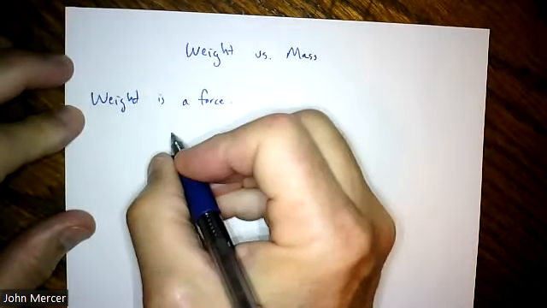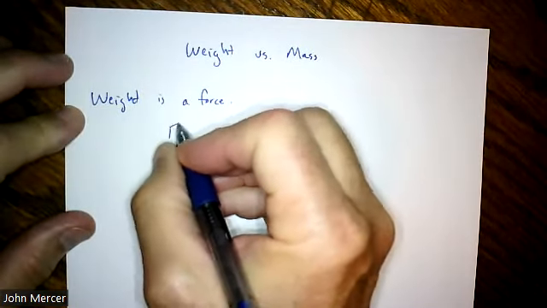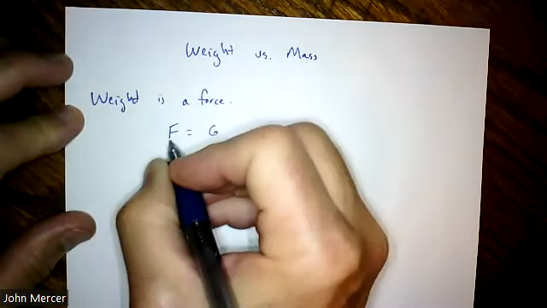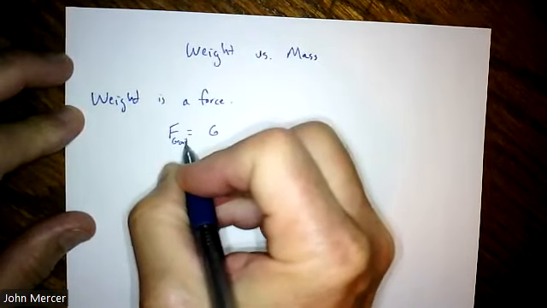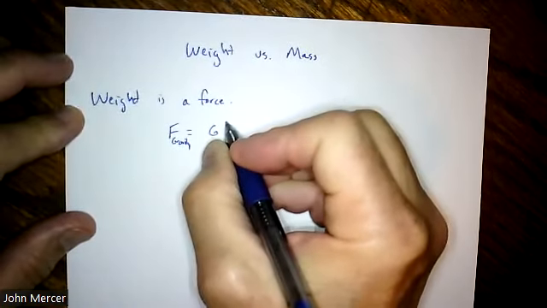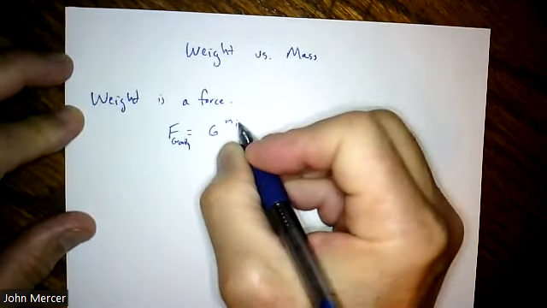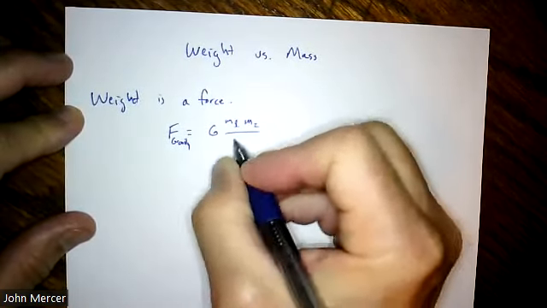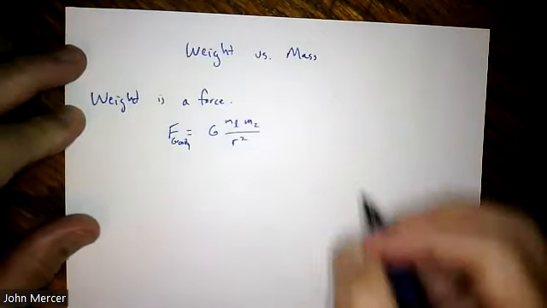Now, technically, the force of gravity is actually calculated using an equation like this: force of gravity equals some constant, and that's actually a known value, mass 1 times mass 2 divided by how far apart those masses are.